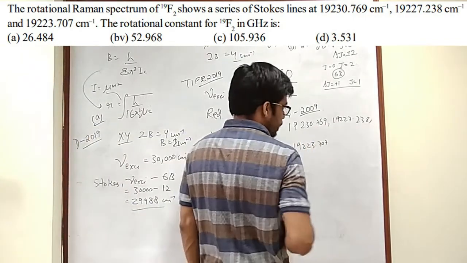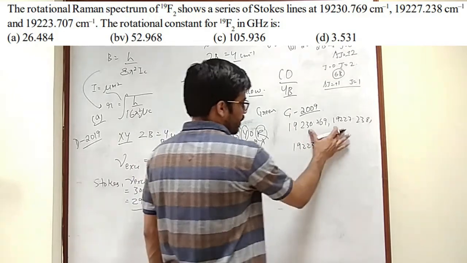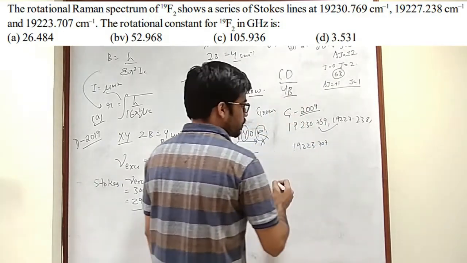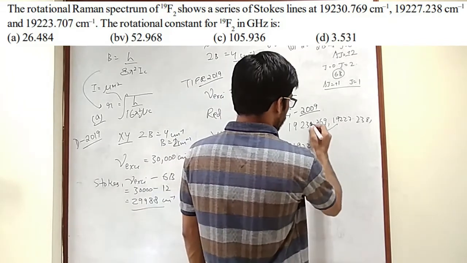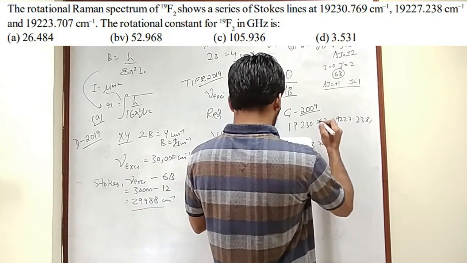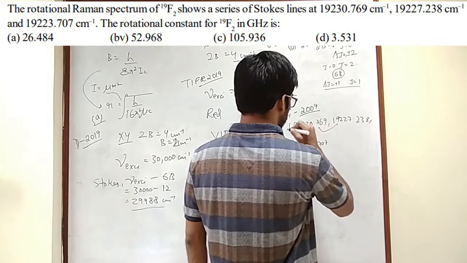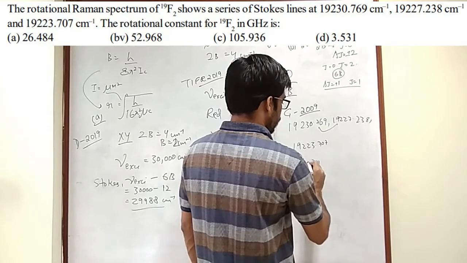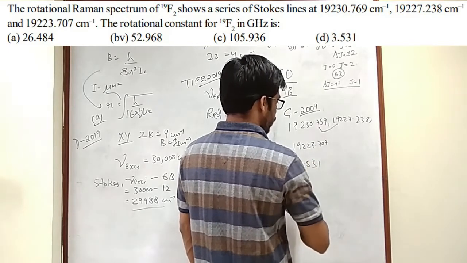First, let's find the difference. We need the delta E between these. Let's say for these two, the difference is 3.531.